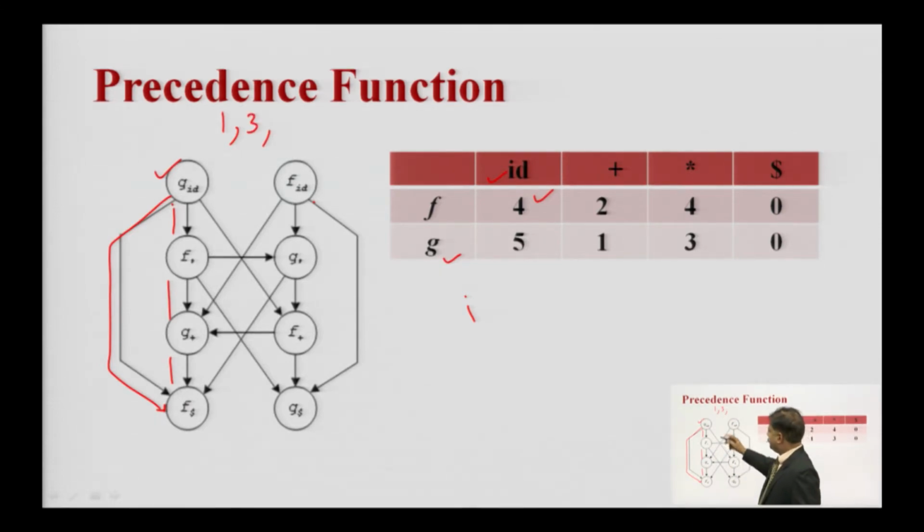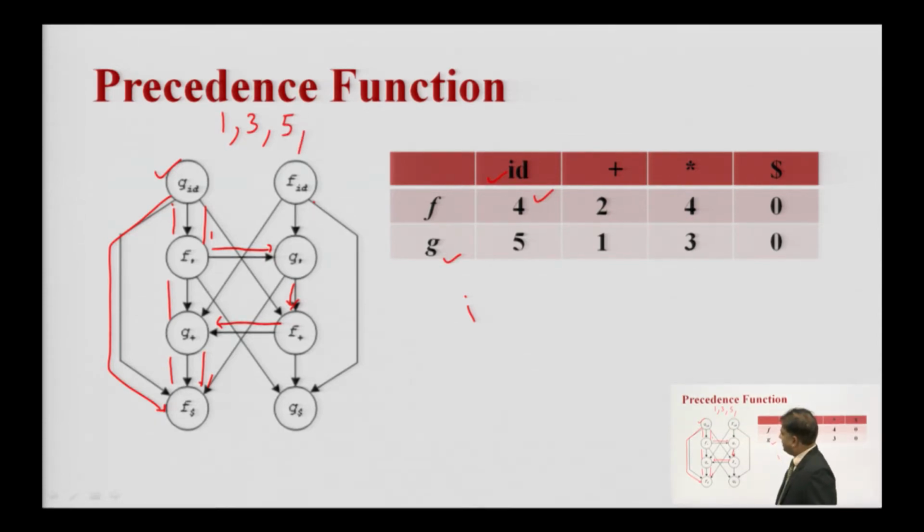Next possible path is G I D to F plus to G star to F plus to G plus and G plus to F dollar. So, this is 1, 2, 3, 4 and 5. This is the path which has the length 5.